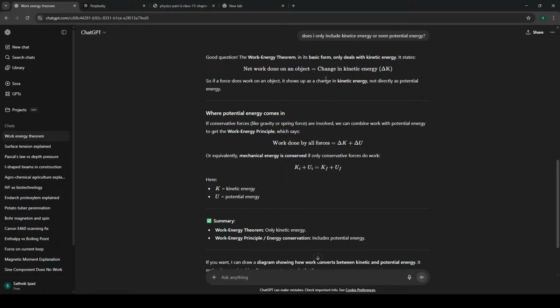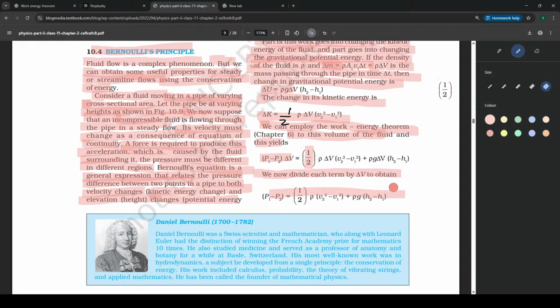Okay, they use not the work energy theorem but the work energy principle. That is conservation of energy. It includes potential energy. Because of that, we take the sum of the change in kinetic energy and the change in potential energy.